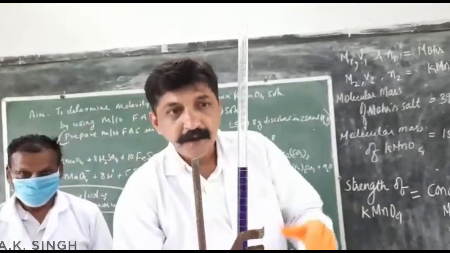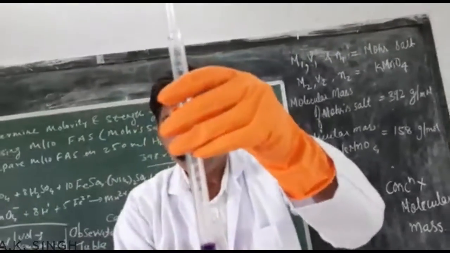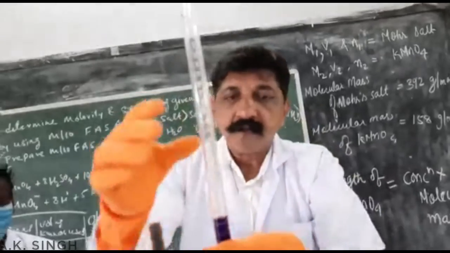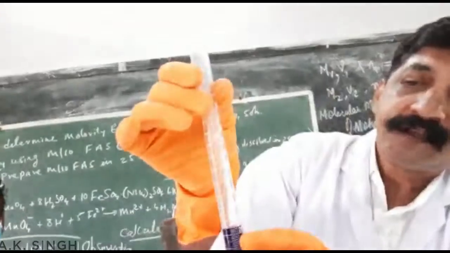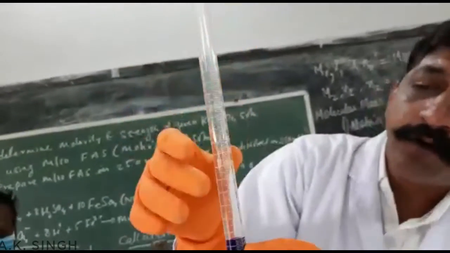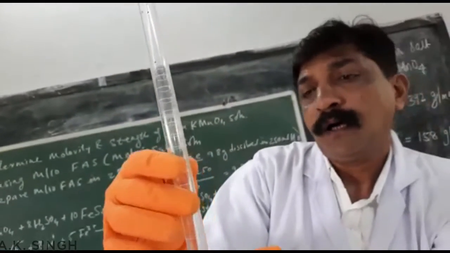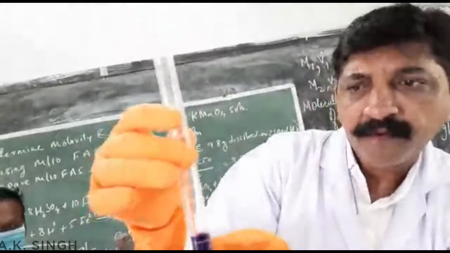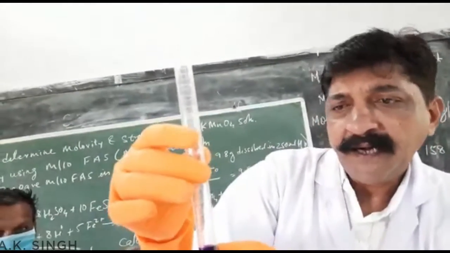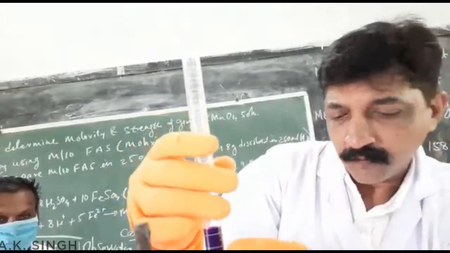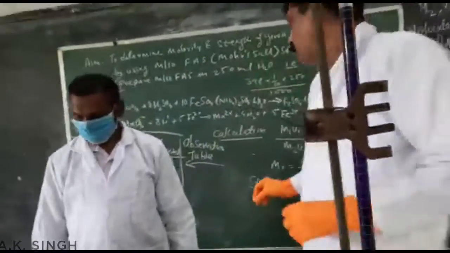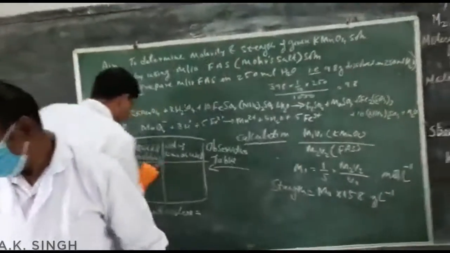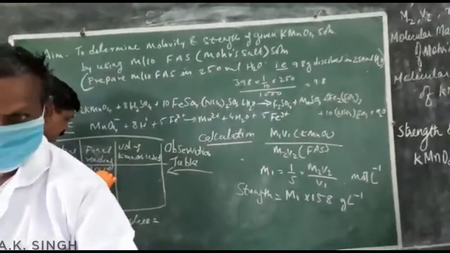Now note the reading, the amount of KMnO4 used. This is graduated, you have started from 0 and it is 19.4, from 0 to 19.4. So we will write here 19.4.